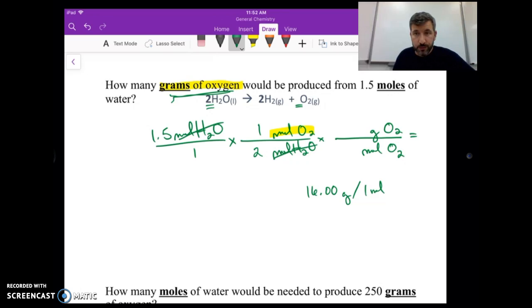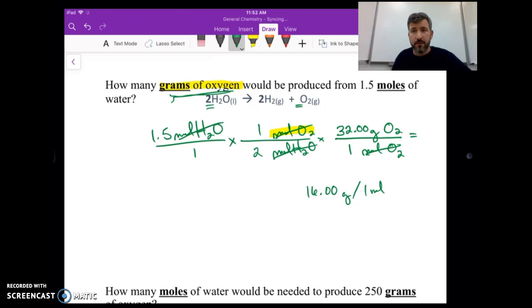Now, because it's O2, I have to take that 16.00 and multiply it by 2, right? So it's going to be 1 mole of O2 equals 16 times 2, or 32 grams of oxygen, and I've got my problem all set up.